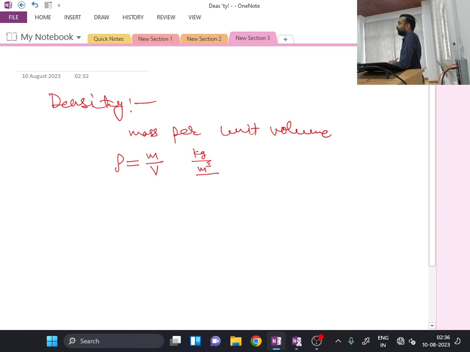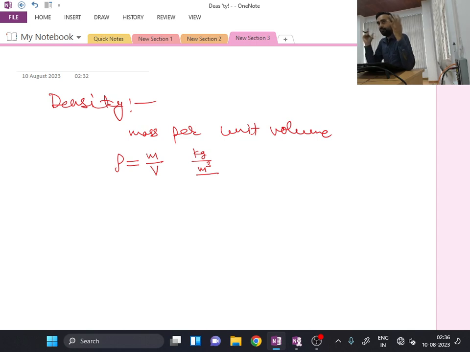Okay. However, if we try to introduce the concept of continuum into the definition of density, then we have to put one more thing over here. Why I wanted to introduce the concept of continuum is because in this expression of mass per unit volume, we never specified what should be the size of our volume while we are estimating the density.